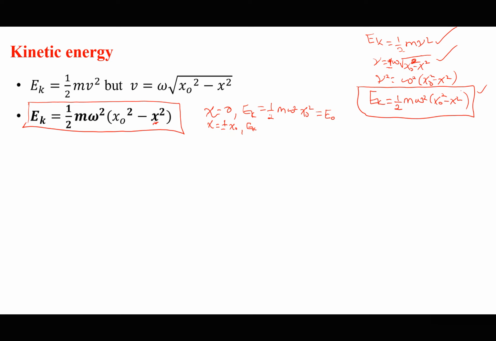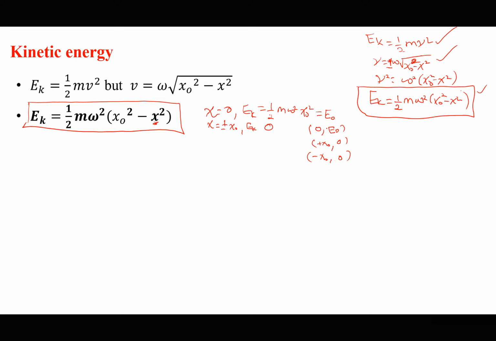When I put x naught where there is x, this becomes 0. So you have 3 points to consider: number one, 0 and E naught, then plus x naught and 0, and minus x naught and 0. These are the points we need to sketch.